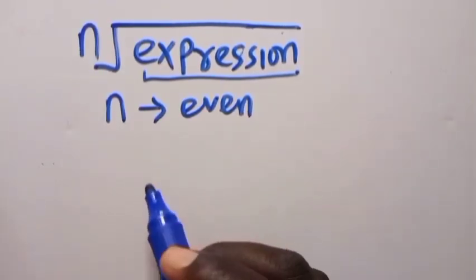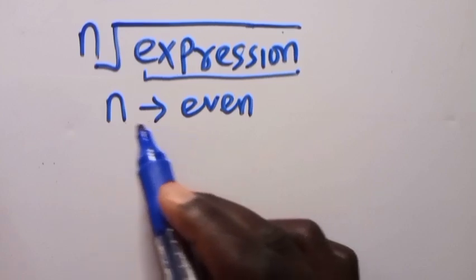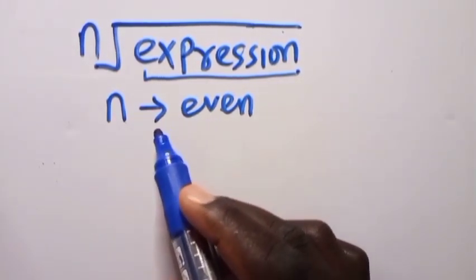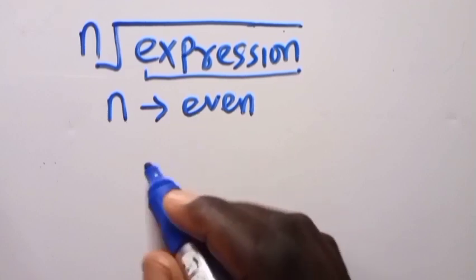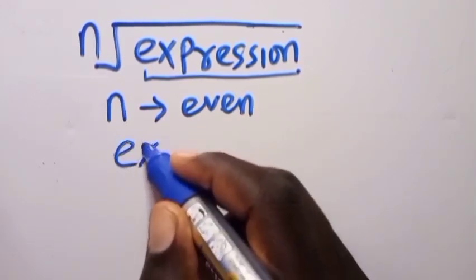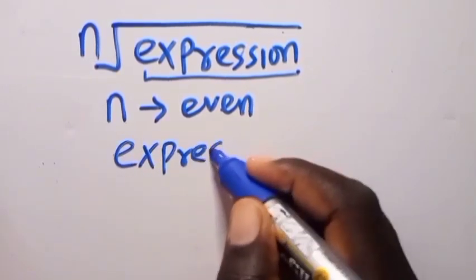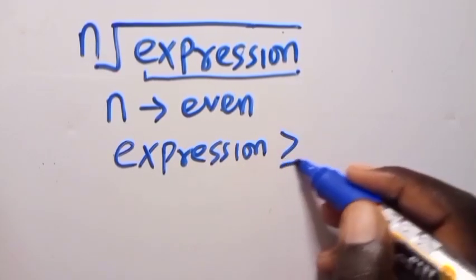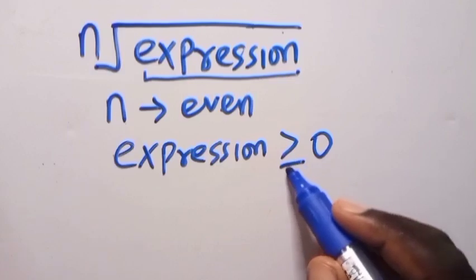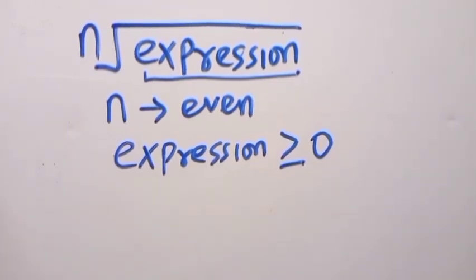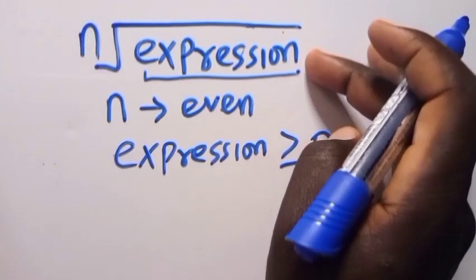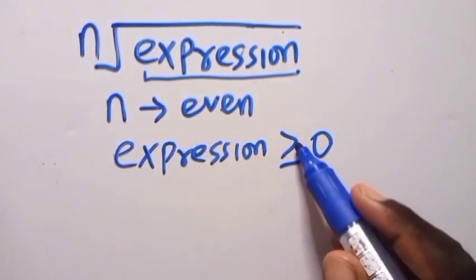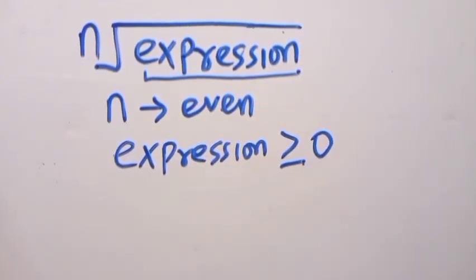To find the domain of radical functions with an even index, we shall take the expression under the root sign, and the expression must be greater than or equal to 0.